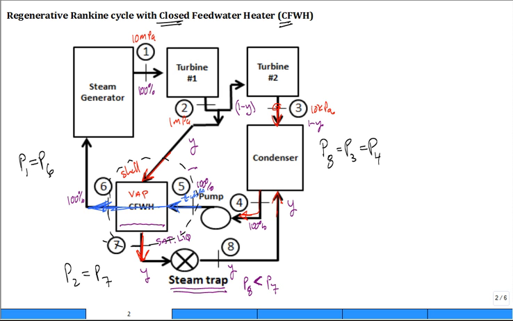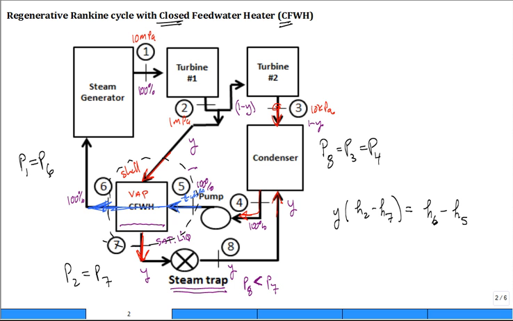What comes out of the hot stream? The hot stream is Y times H2 minus H7, which is equal to what's going into the cool stream. That's H6 minus H5, and that's times 100%, so I'll just leave off that 1. Can you see that's a good energy balance?